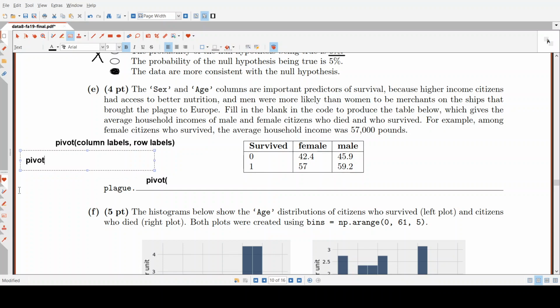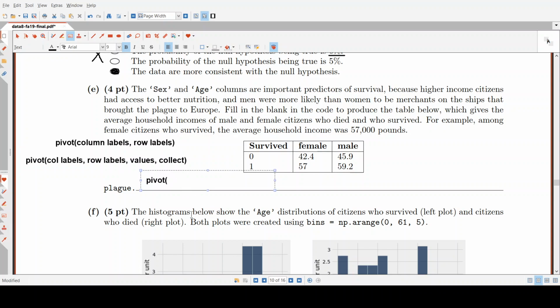So it's pivot of column labels, row labels, comma, and then we have the third and fourth arguments, which are what column you want to have the values. So values, and then you need a function that will collect those values and process them. So collect, let's call it that.